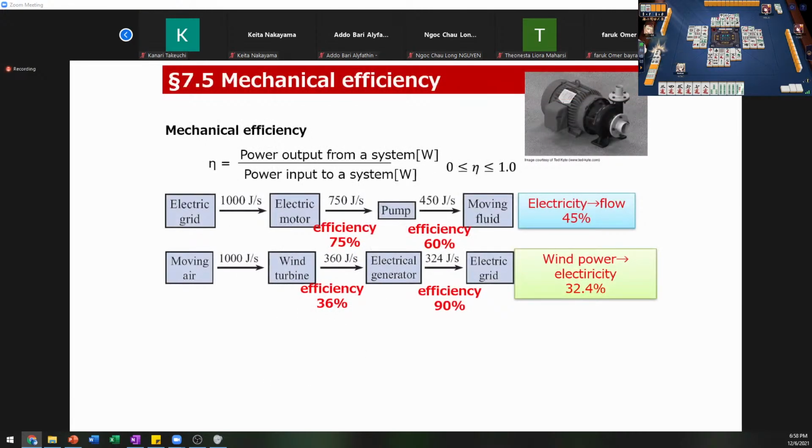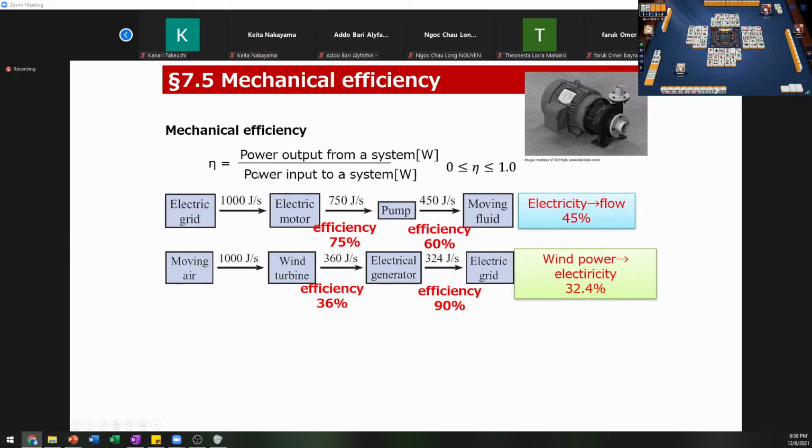And also, the next topic is mechanical efficiency. In real life, you have to know the term of efficiency. The mechanical efficiency is defined as eta equals power output from a system over power input to a system. Okay.